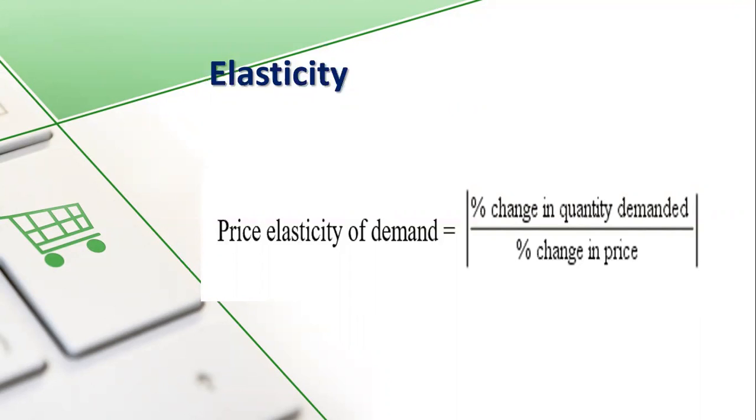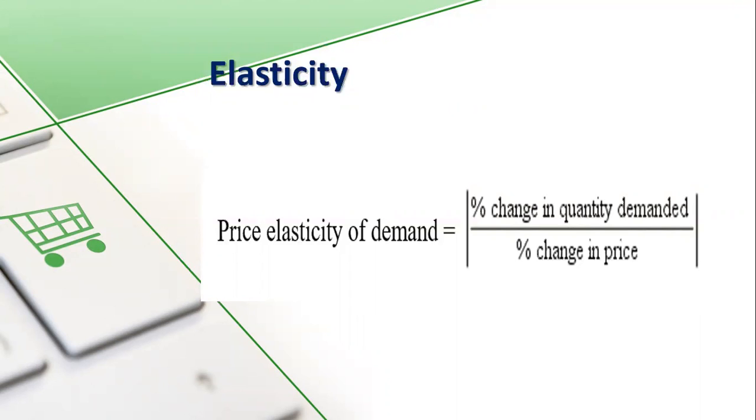So, it is a measure of the responsiveness of one variable, usually quantity demanded or supplied, to a change in another variable. Just like this, our other variable is price.